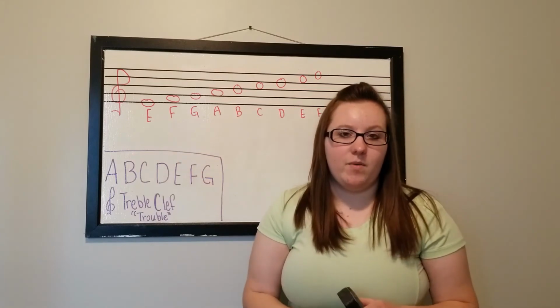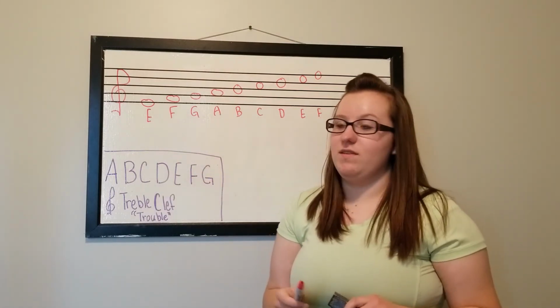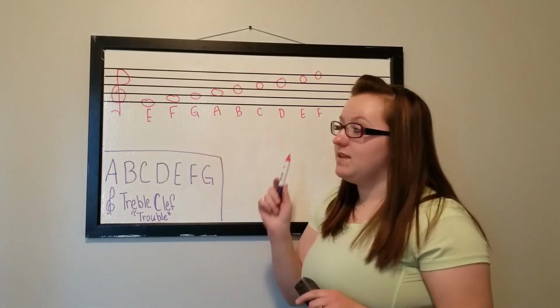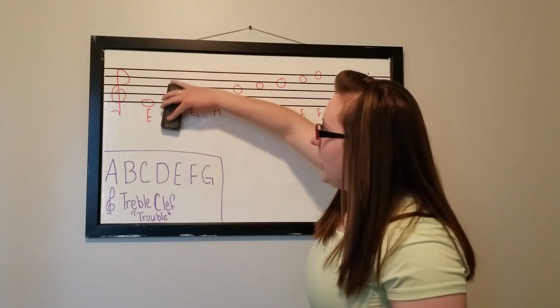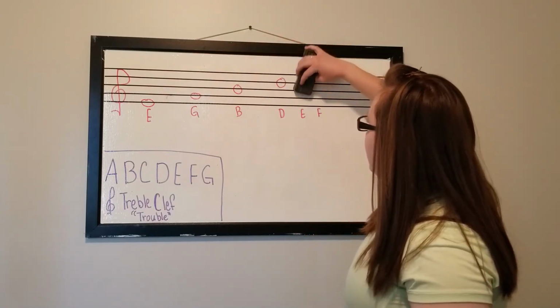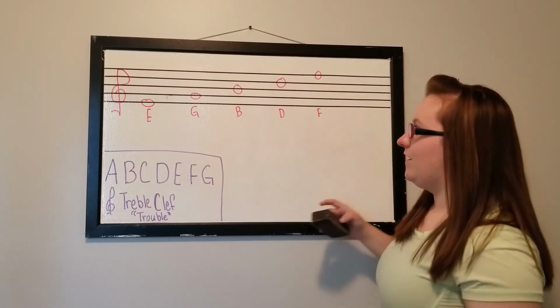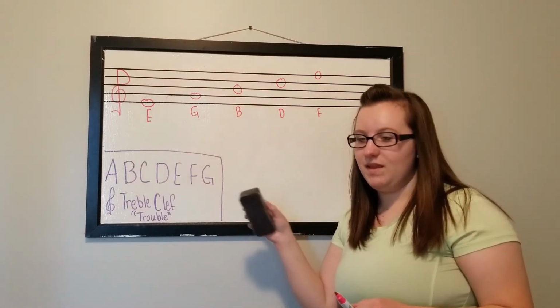One more time, I want to go over the clever phrases that we came up with to memorize the lines and the spaces. If you remember, we had E, G, B, D, and F for our lines. Do you remember what that saying was?